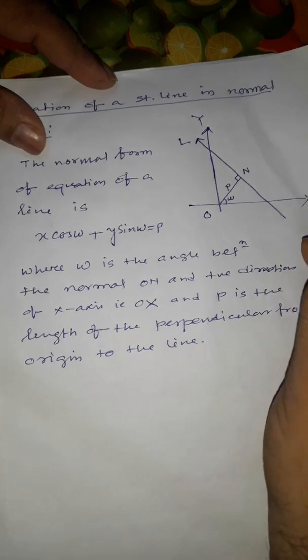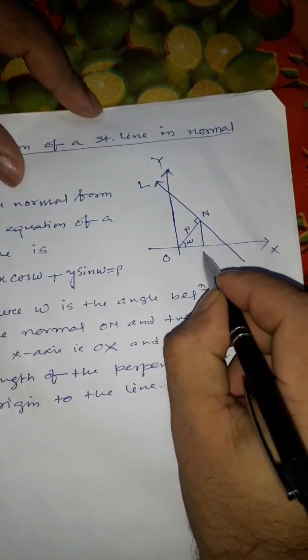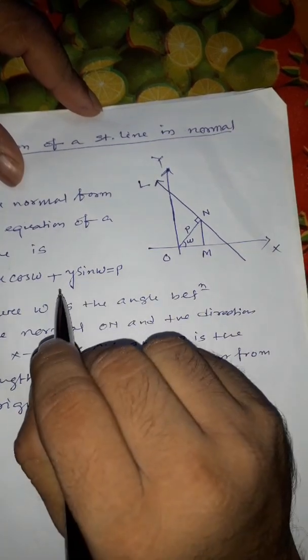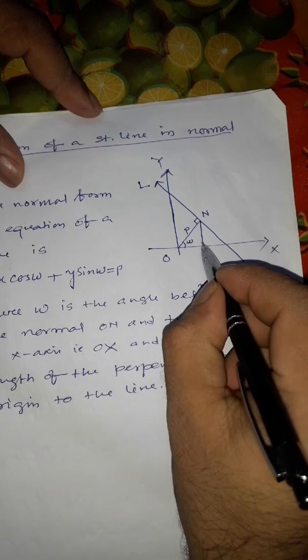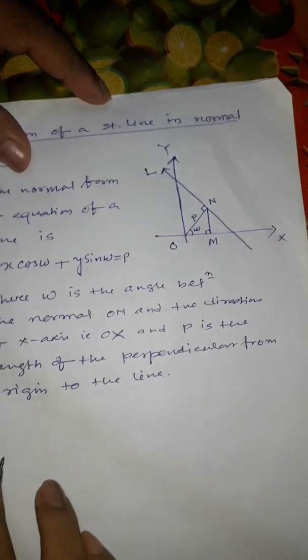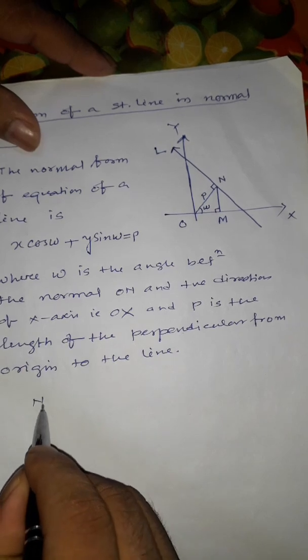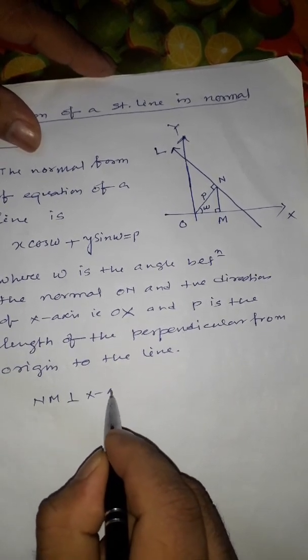Now from N, you draw a perpendicular on the x-axis, NM. Suppose NM is perpendicular on the x-axis.